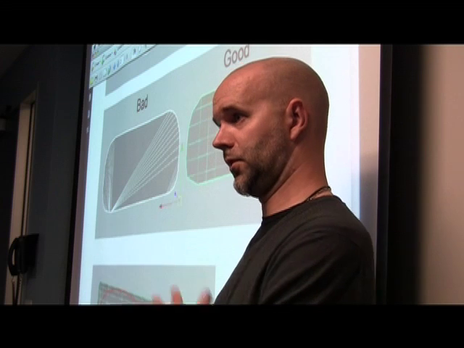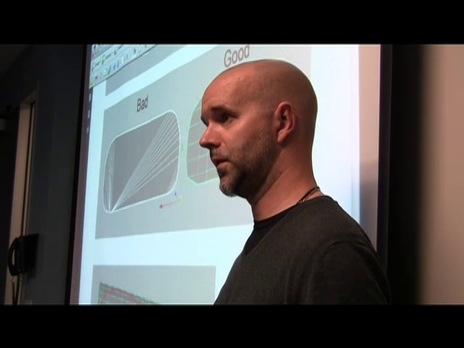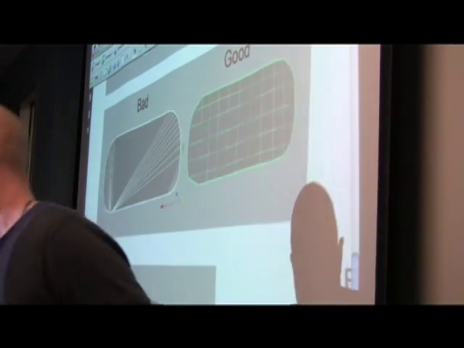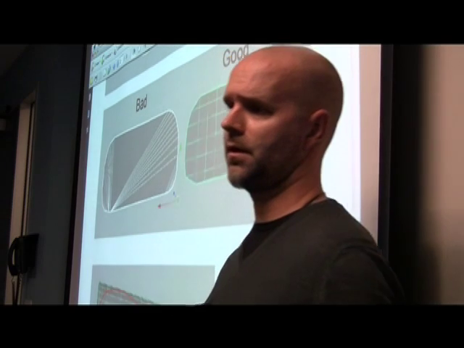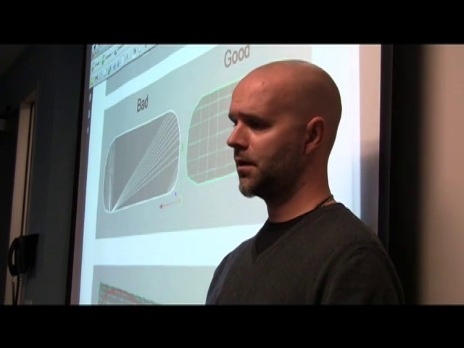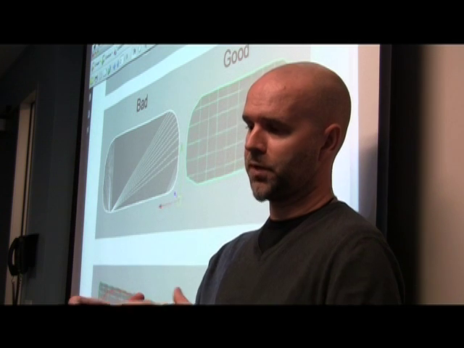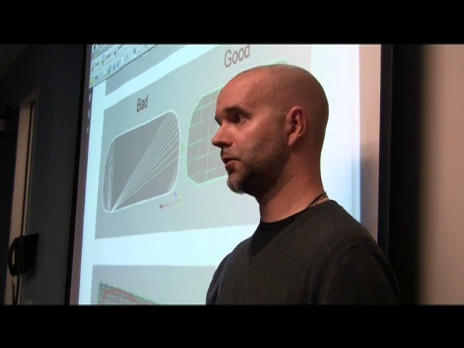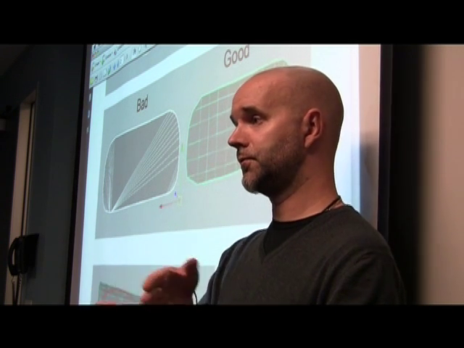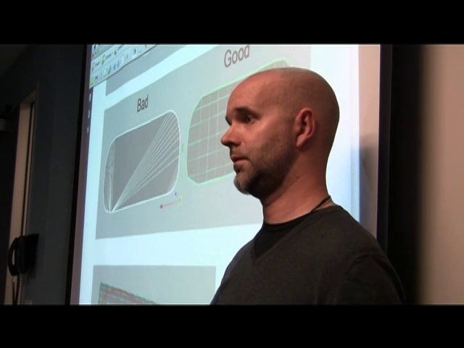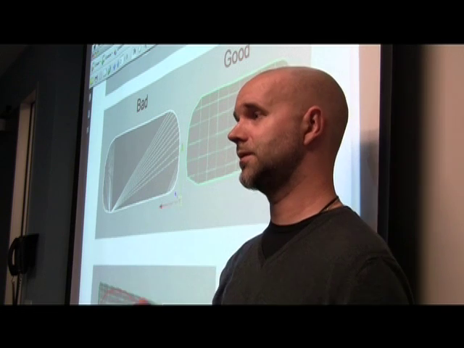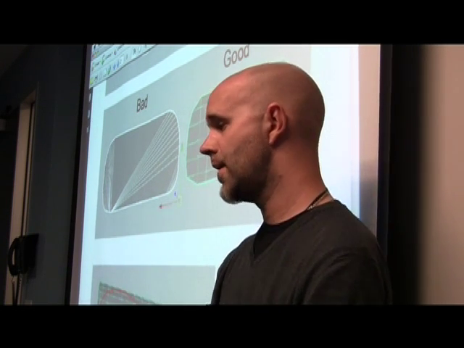So try to get the grid through your stuff, even if it's around, you know, the end of a cylinder. Sometimes people just pinch the geometry. It's not too bad, but it's way better if you can do kind of a grid-like, because when you're going to apply texture there, it's going to be way easier.